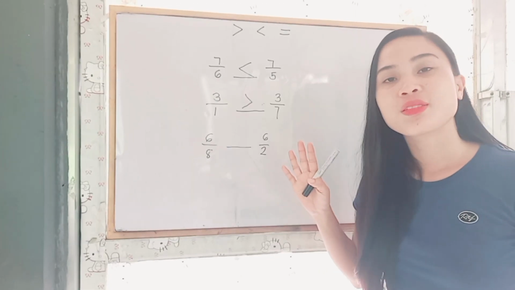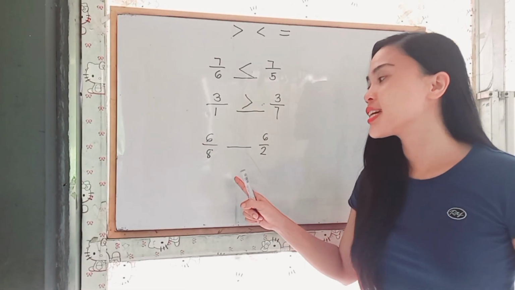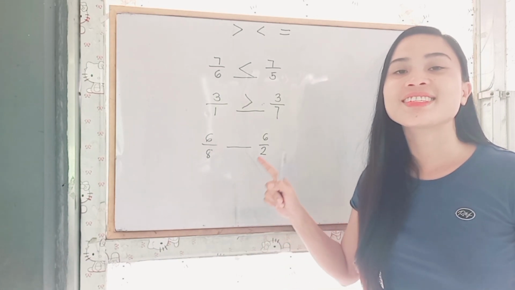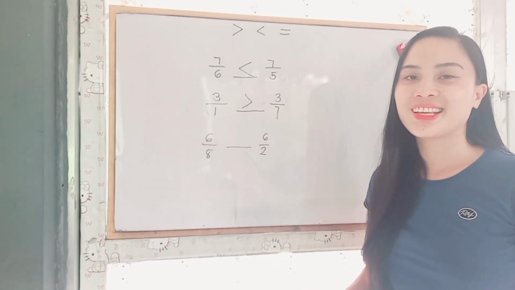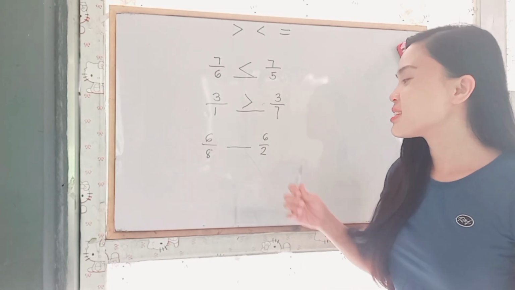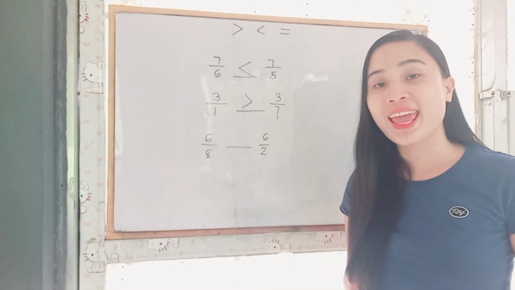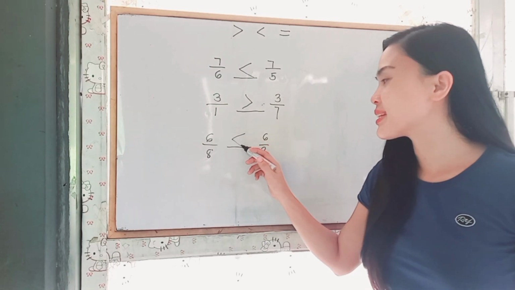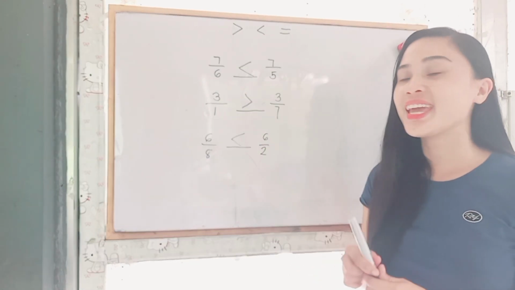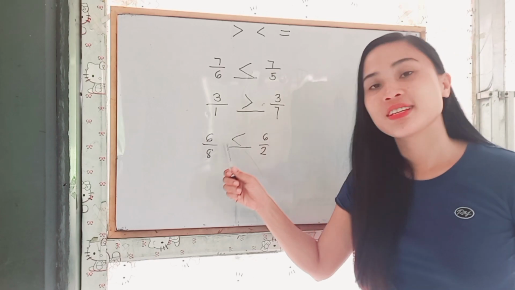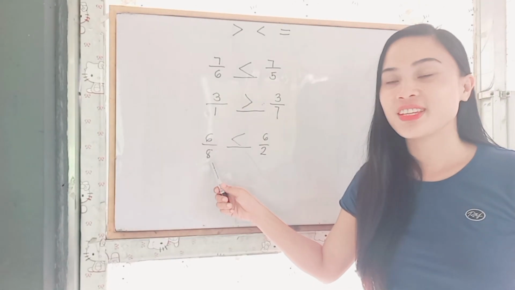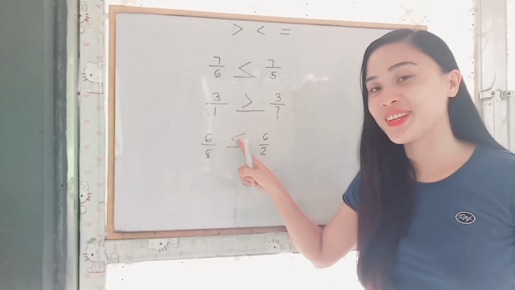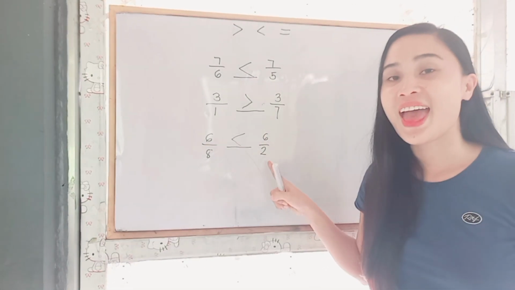So again, the rule, the fraction that has the lesser denominator, that is the greater fraction. Okay, so let's apply that. Since 2 is lesser than 8, therefore our answer is less than. Meaning to say, this fraction is greater than this fraction. So when we read this one, 6/8 is lesser than 6/2.